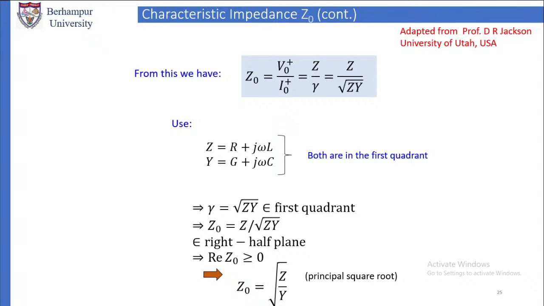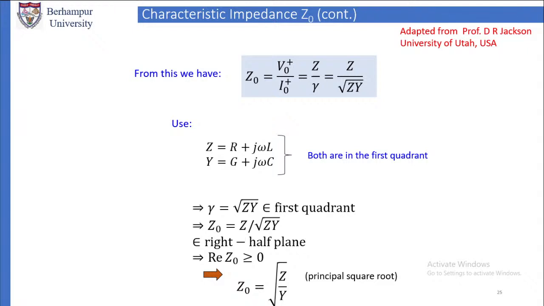That is equal to Z by gamma. Now gamma is equal to root over of ZY. So Z by gamma is equal to Z by root over of Z into Y. Now in the numerator you have Z, in the denominator you have root over Z. Therefore, this will be equal to root over of Z by Y. Numerator is Z, denominator is Y. So that you can write.